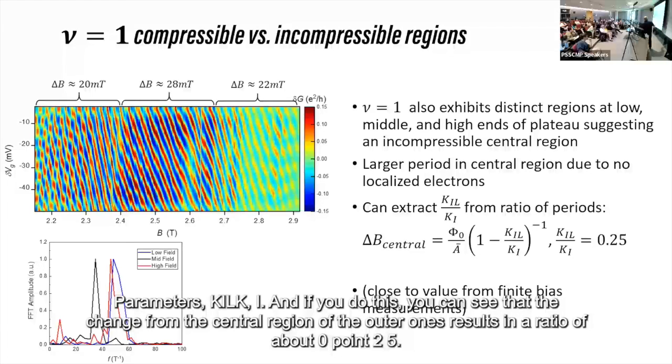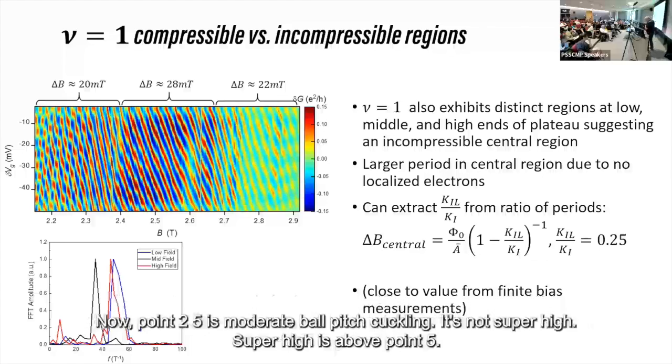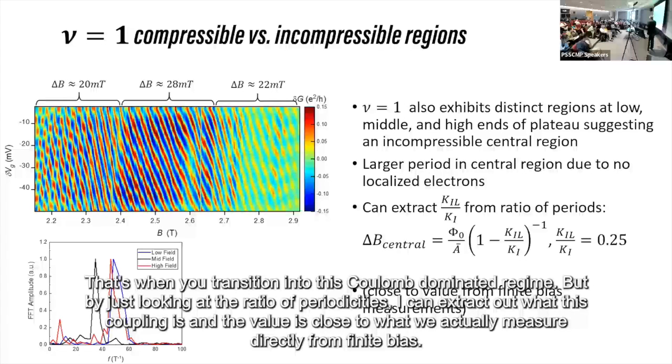And if you do this, you can see that the change from the central region to the outer ones results in a ratio of about 0.25. Now, 0.25 is moderate bulk edge coupling. It's not super high. Super high is above 0.5, half. That's when you transition into this Coulomb-dominated regime.